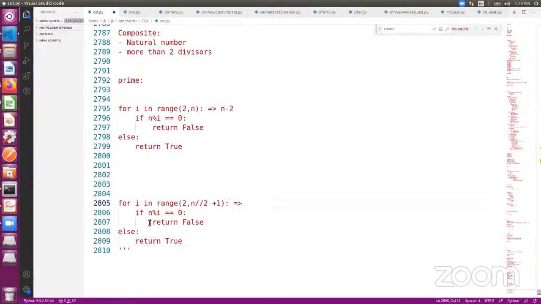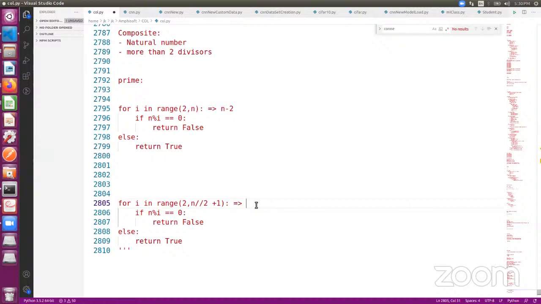So what is the complexity of this algorithm? Yes, n by 2 minus 1. Very good.